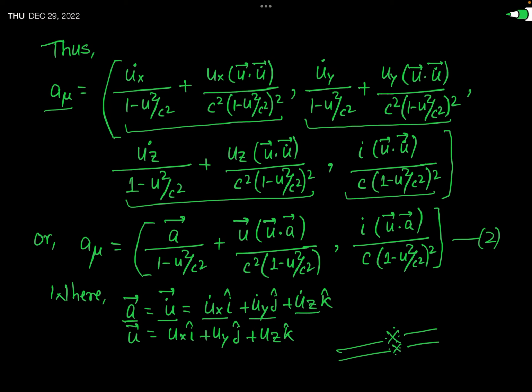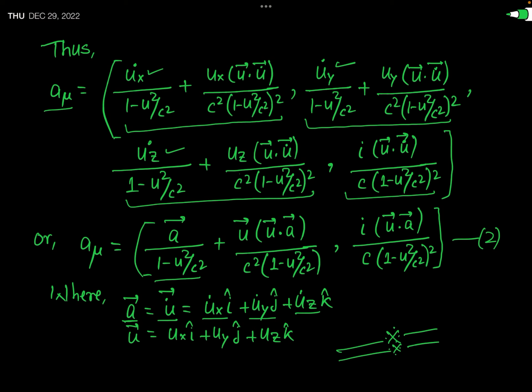So combining all these 3 terms, when you combine them, you will get the resultant acceleration vector a in 3D space divided by 1 minus u square by c square.